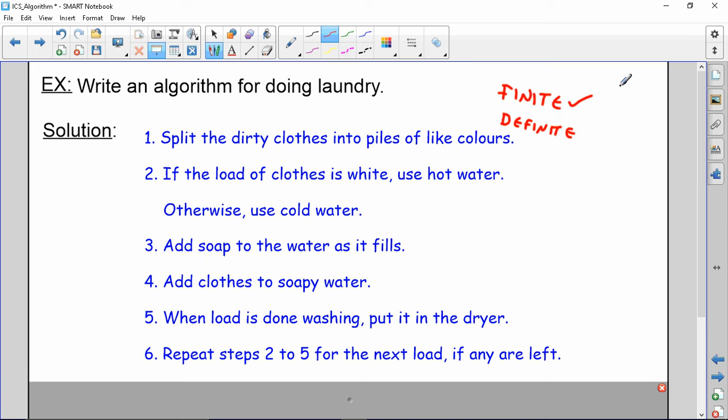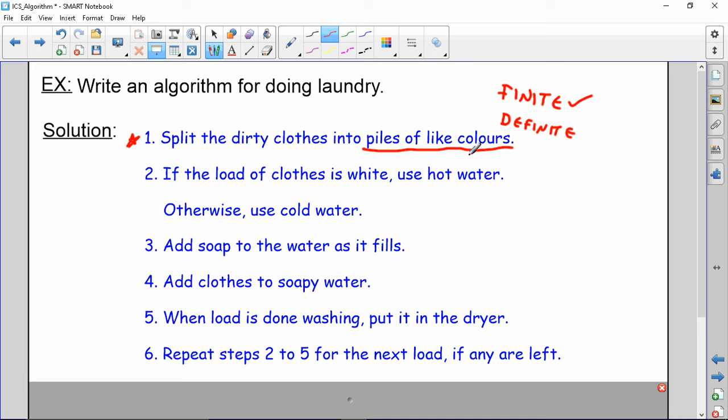What about definite? Definite means, do we know what to do at every single step? Well, this step right here is not that clear. In fact, there's a couple of unclear steps that I would argue are not definite. Into piles of light colors. Well, how alike do colors have to be? Do they have to be exactly the same color so we're going to have 27 loads of laundry? Well, no, not really.